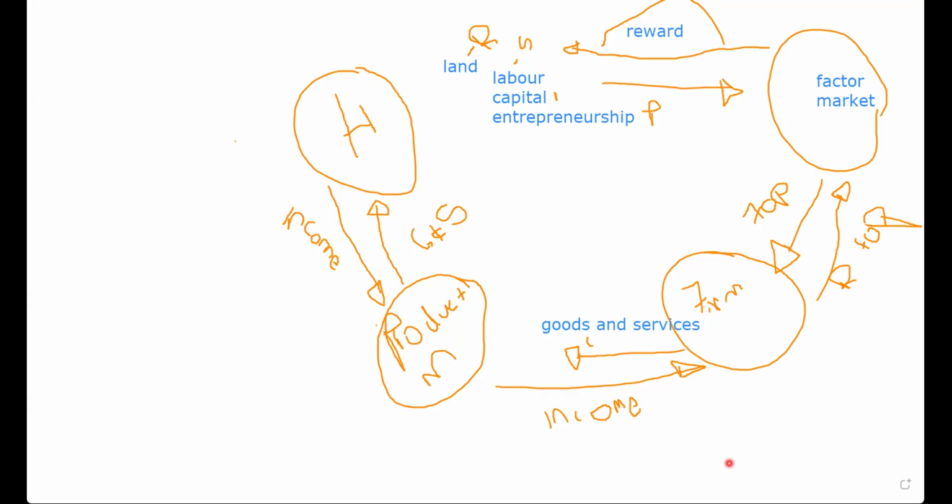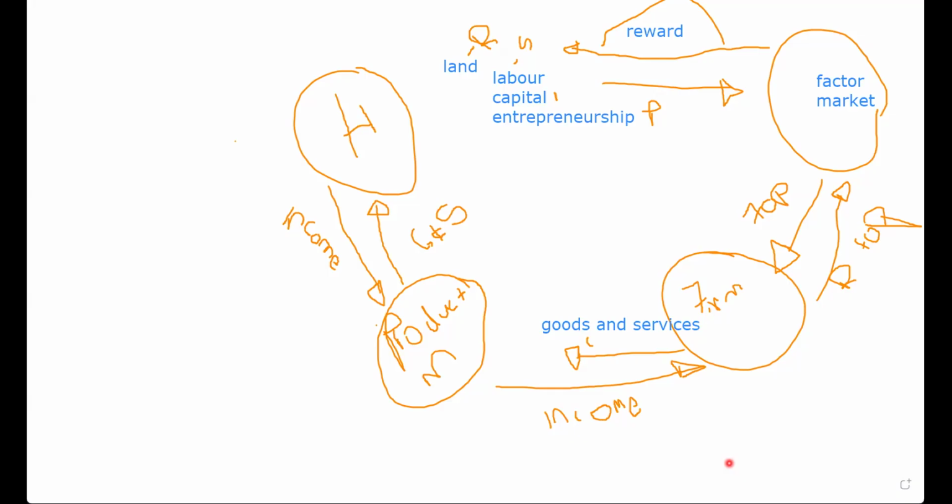And then the firms, our firms, they are production agents, buyers in the factor markets, converting goods into finished goods, sellers in the goods market.